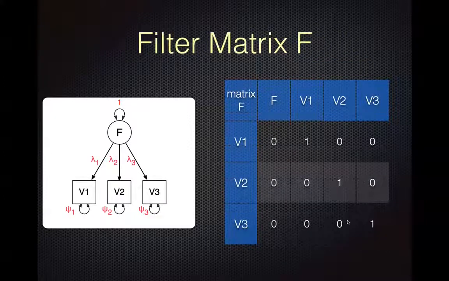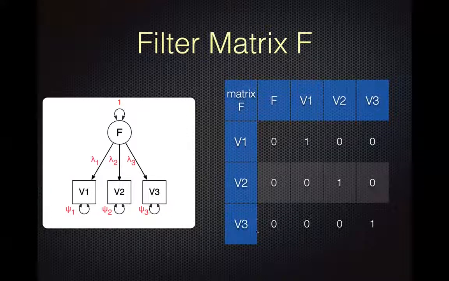So finally, all the filter matrix does is get rid of the latent variables from the rows. So in matrix F, we're going from all the variables to the observed variables, and it's only when the labels of the row and column are the same that this matrix gets an element of 1. Otherwise, its value is set to 0.